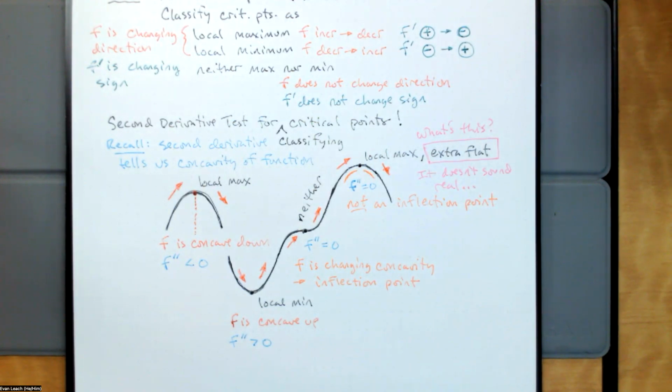That doesn't sound like a real term. That's because that's marketing. It's not a real term. It just means more derivatives are equal to 0. And so that means extra flat. Not only is the function flat, but the first derivative is also flat. And maybe even more derivatives are flat.